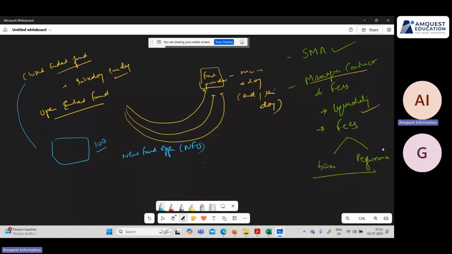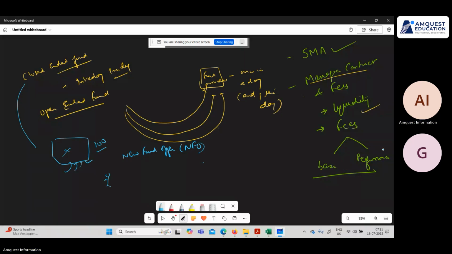Now whosoever has invested into this got the units, or maybe you can say got the shares. Now this is closed. If you want to invest in this NFO, you cannot do it.